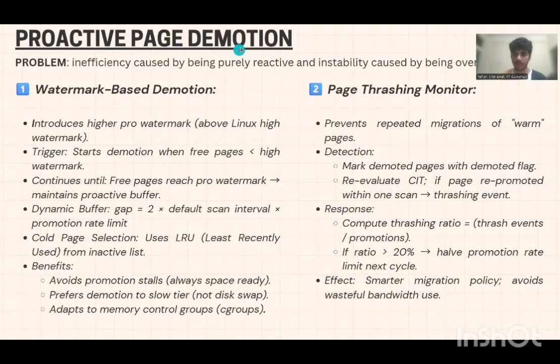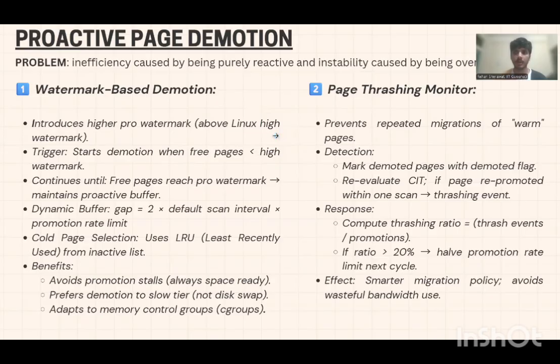Next, we know that we need to transfer pages to the faster memory. So to make space for these pages to come there, we need to demote some of the pages. And this method of demotion is proactive. Proactive means that Linux usually uses a high watermark.